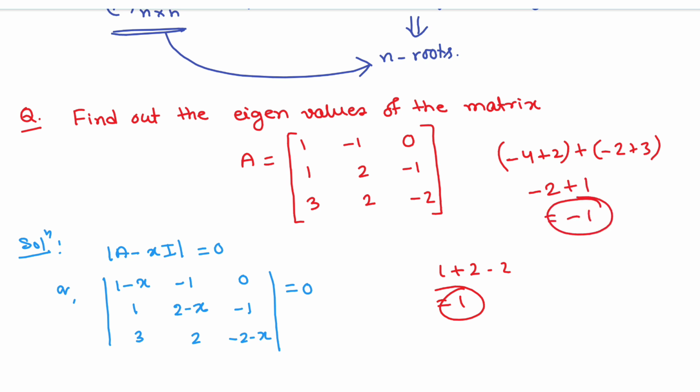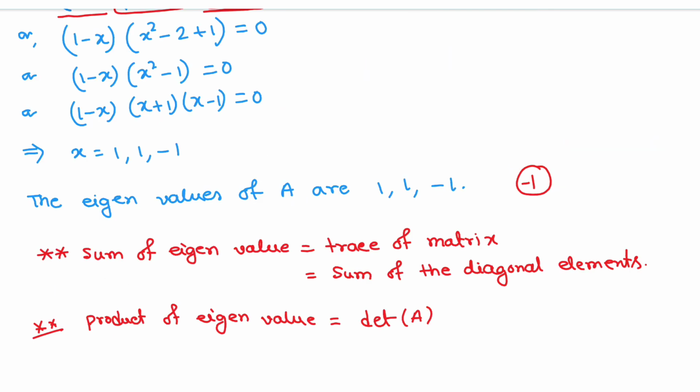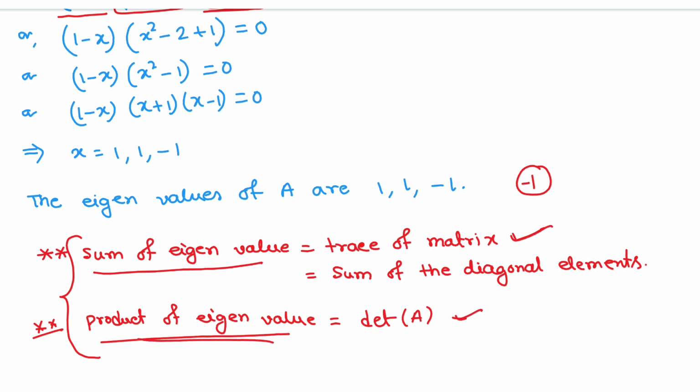So obviously it is satisfying the relation. These two results are very, very important, and you will be benefited using these two results in solving MCQ problems. So the sum of the eigenvalues always represents the trace of the matrix, and the product of the eigenvalues represents the determinant of the matrix.